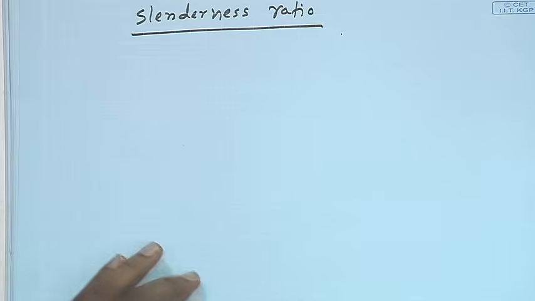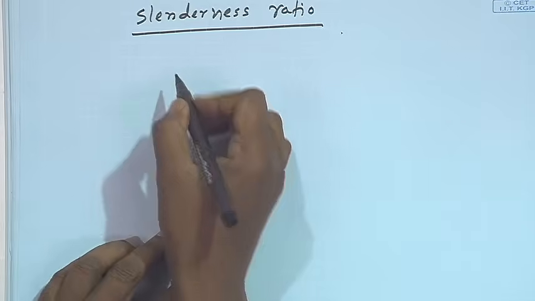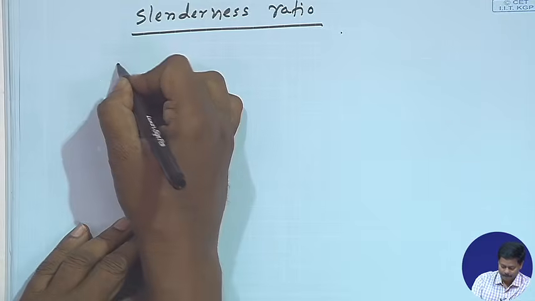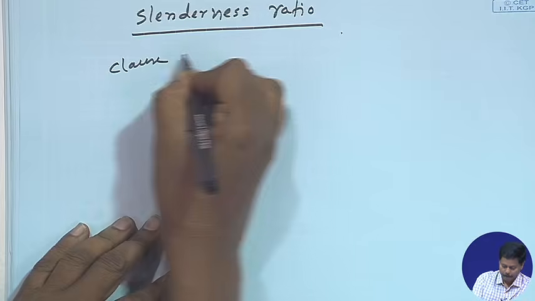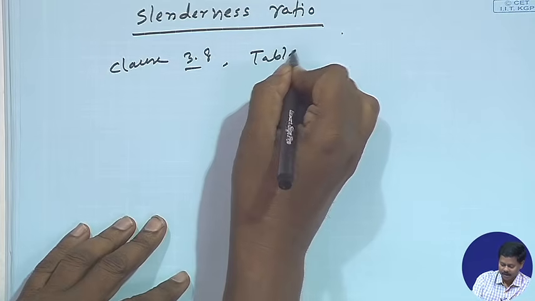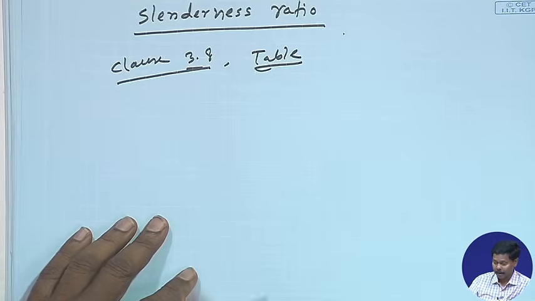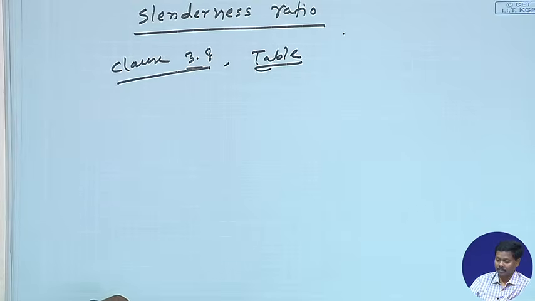So, the permissible values are given in clause 3.8 or table 3 in the IS code. Table 3 in clause 3.8, the permissible values of slenderness ratio are given.